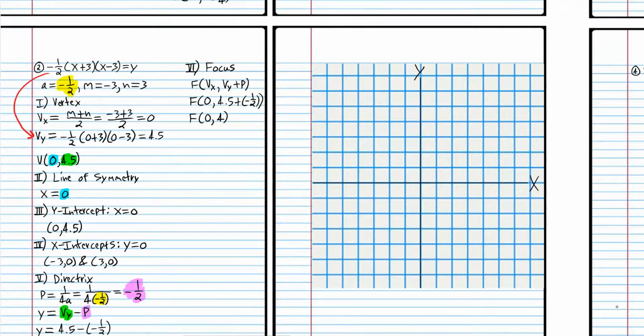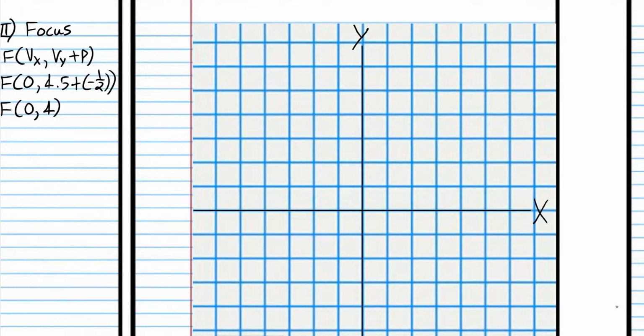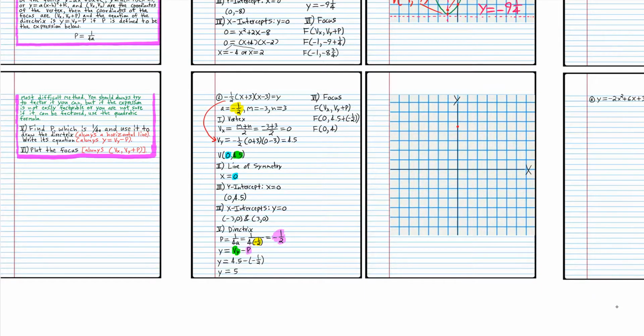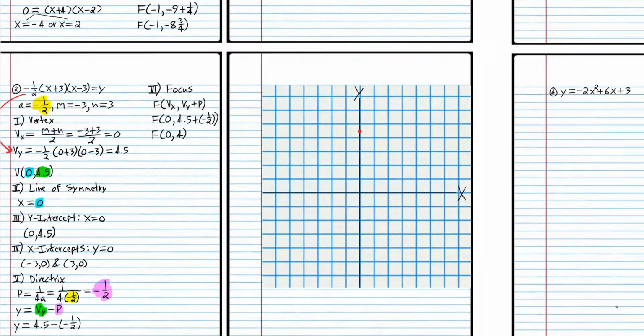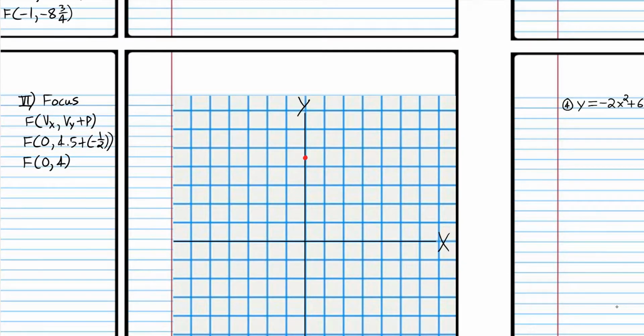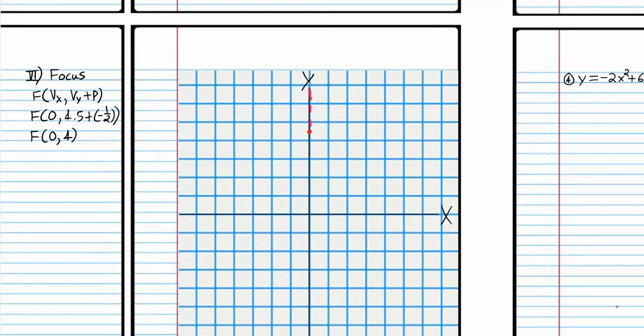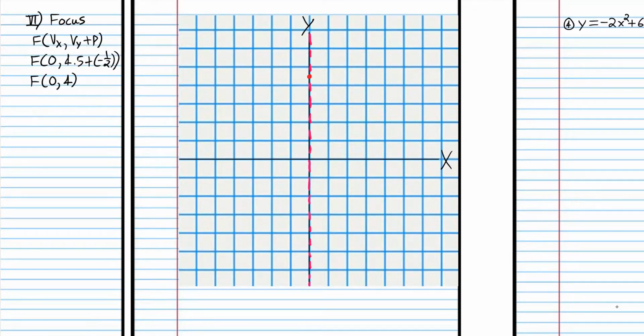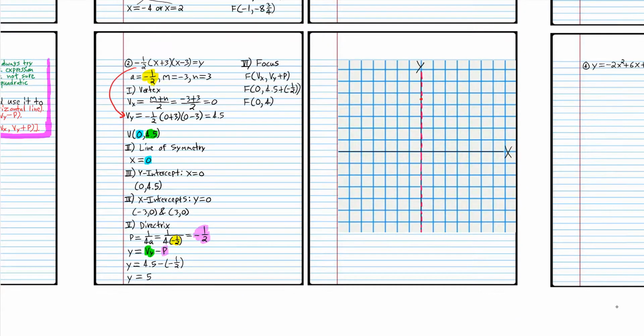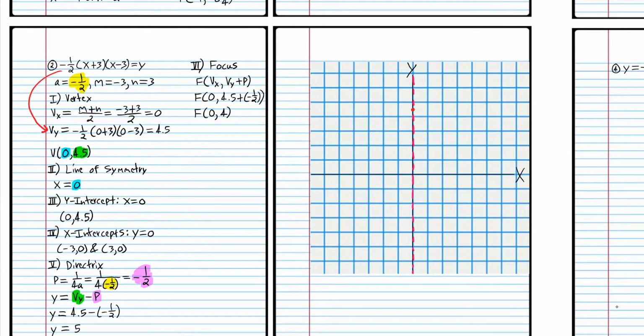So the vertex is (0, 4.5), which is about here. And the line of symmetry is x equals 0, so that's going to be right on the y-axis. So that is the line of symmetry. And then the y-intercept is going to be 4.5, but that's the same as the vertex.